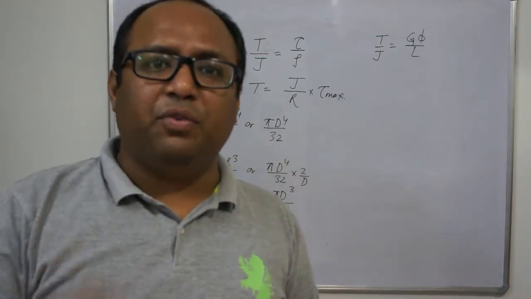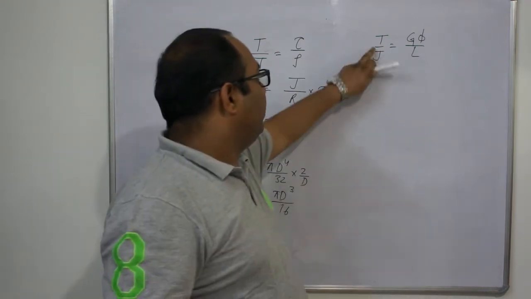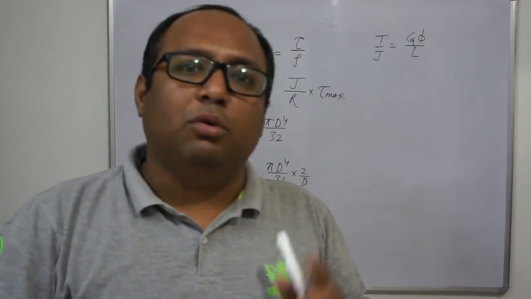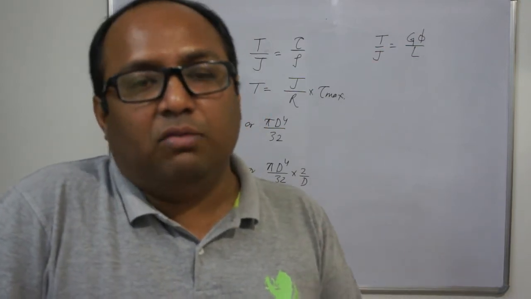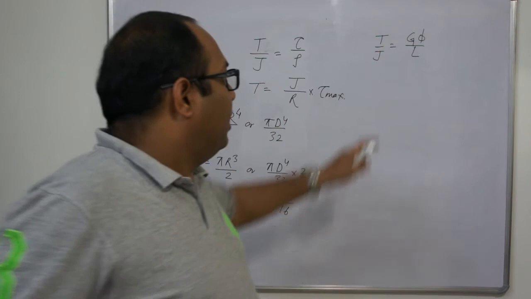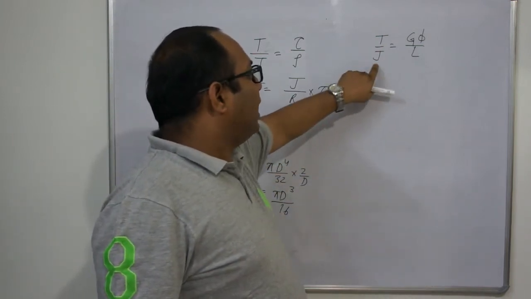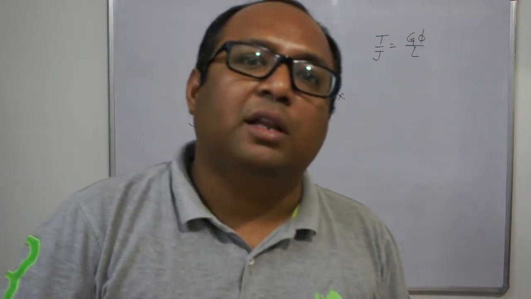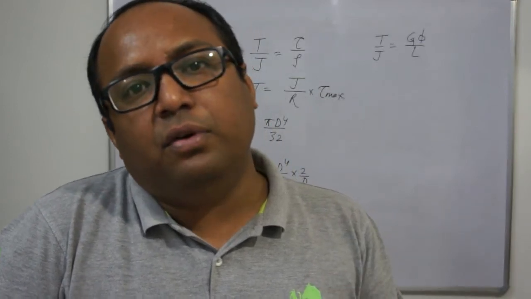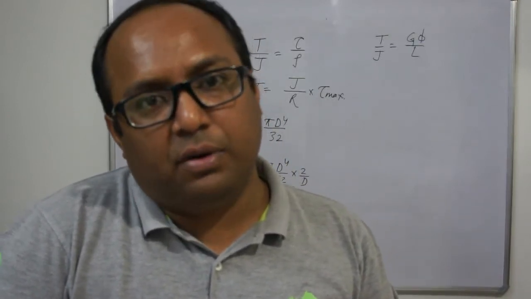If phi by L is defined, then based on the power and RPM, you can find the value of torque. And once the value of torque is known, by calculating the value of J, you can find the value of radius or diameter of the shaft.